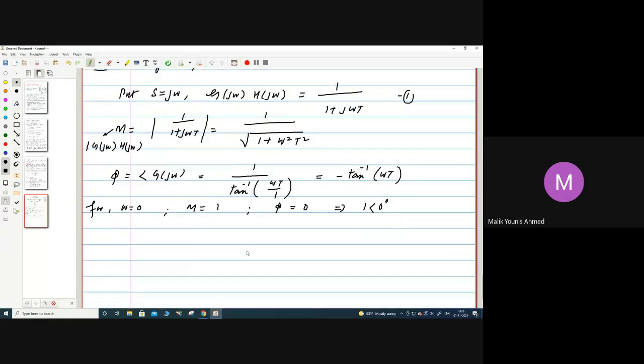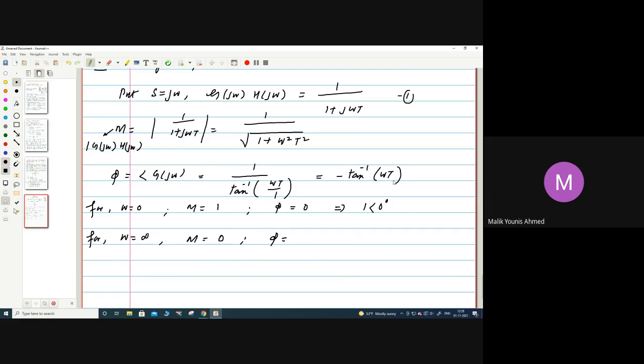Next, for omega equal to infinity, these are 2 important points which will define the graph. For omega equal to infinity, 1 is very small as compared to the infinity value, so 1 by infinity is 0. What will be the phase angle? Minus tan inverse of infinity.